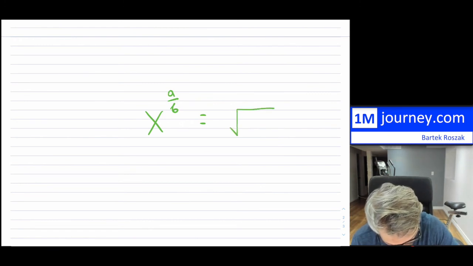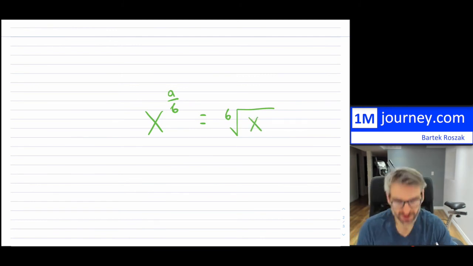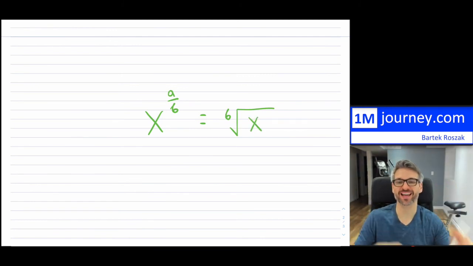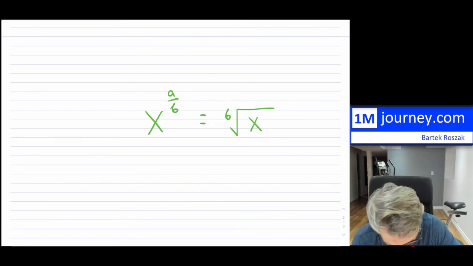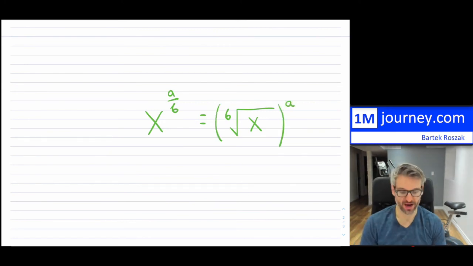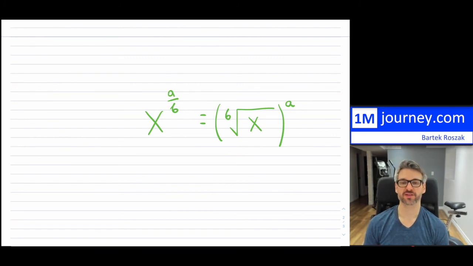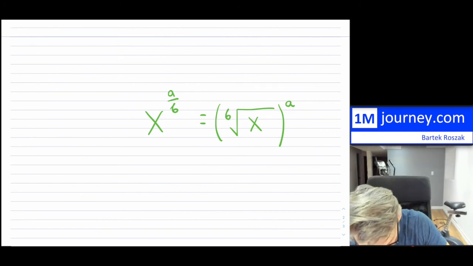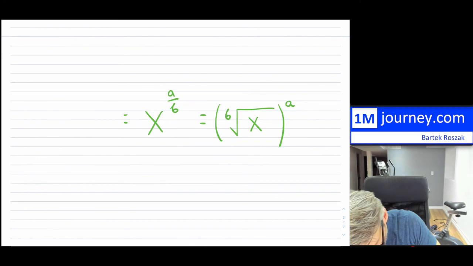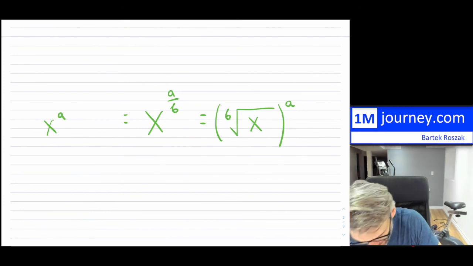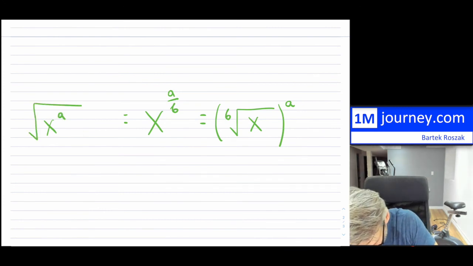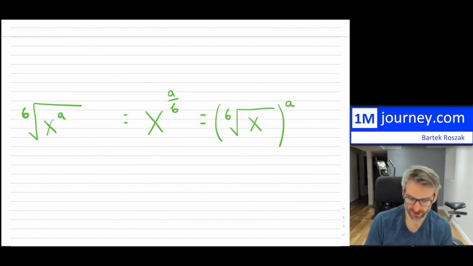It will either be the b root of x, and then your a is going to be outside of your brackets. So that's one way of doing it, or it also can mean that you have x to the a, and then take the whole thing and take the b root of it.